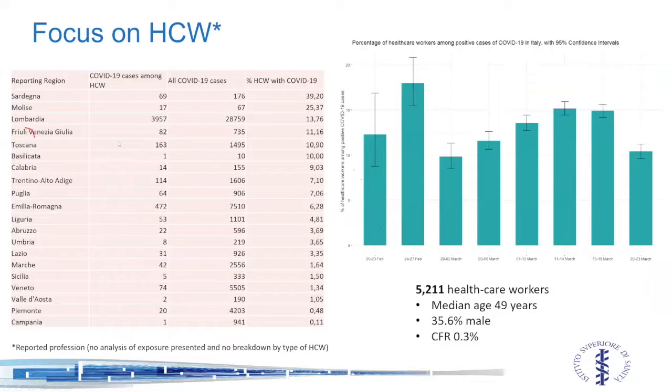The other critical issue is healthcare workers, and as you can see, the numbers are very high. Now at the moment we are trying to understand exactly the reason for that. Probably at the beginning people didn't realize that patients with pneumonitis or upper respiratory tract infections were possibly COVID positive, and so they kept them in the emergency area and treated them, perhaps not considering this diagnosis as a possibility.